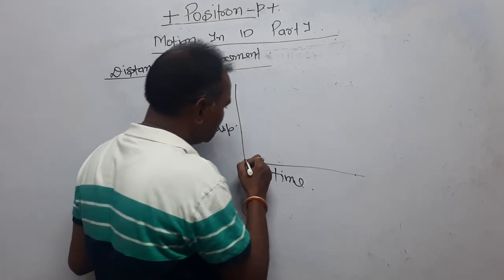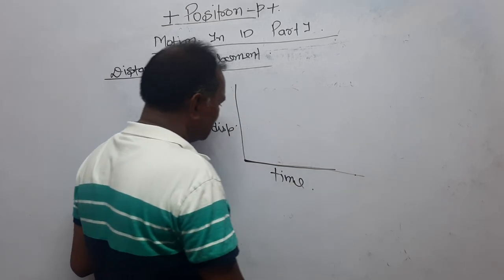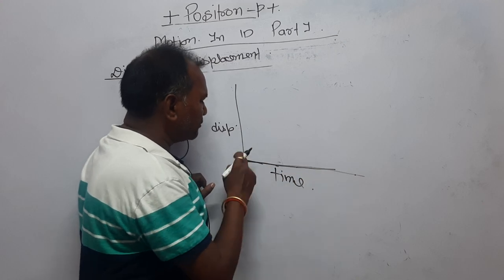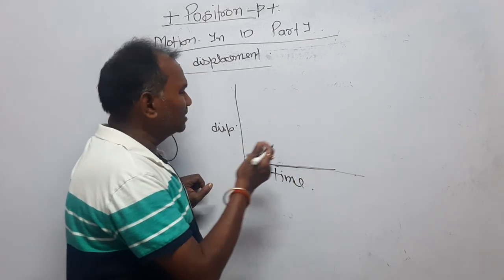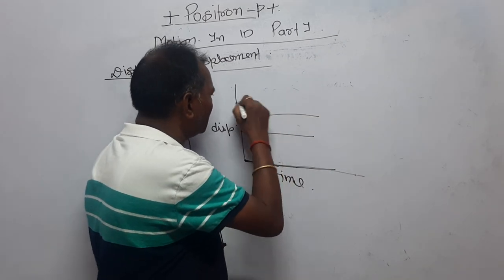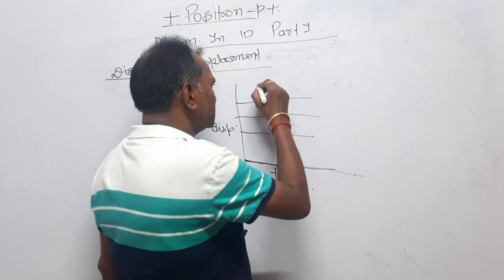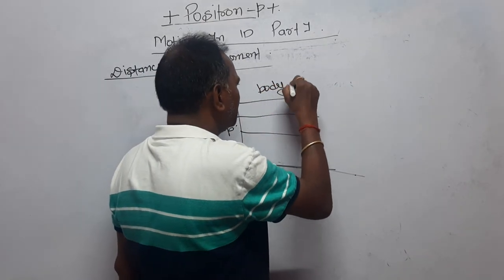Either you make it like this, means time is increasing but the body is at the same position, or all these graphs are representing that the body is at rest. Why?